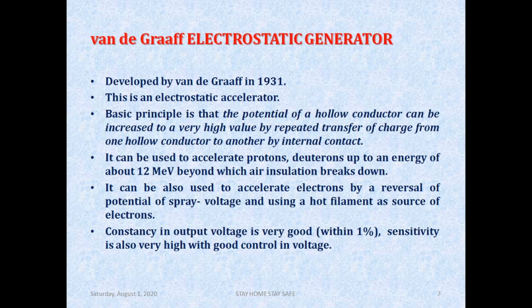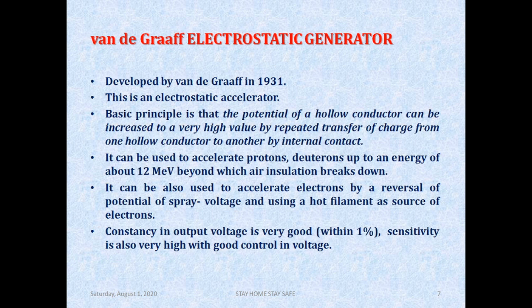Then, in the year 1931, the Van de Graaff electrostatic generator was designed by Van de Graaff, and the basic principle of this generator is that the potential of a hollow conductor can be increased to a very high value by repeated transfer of charge from one hollow conductor to another by internal contact. Using this, one can accelerate protons and deuterons up to an energy of about 12 MeV, beyond which air insulation breaks down.